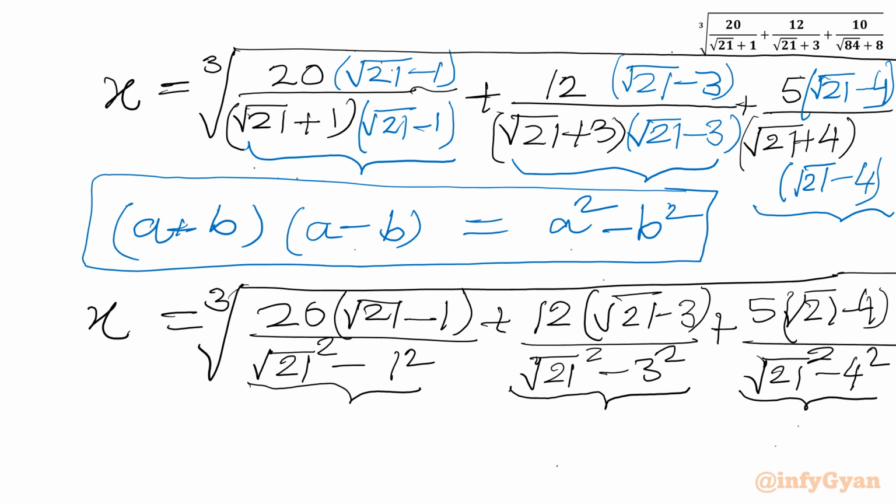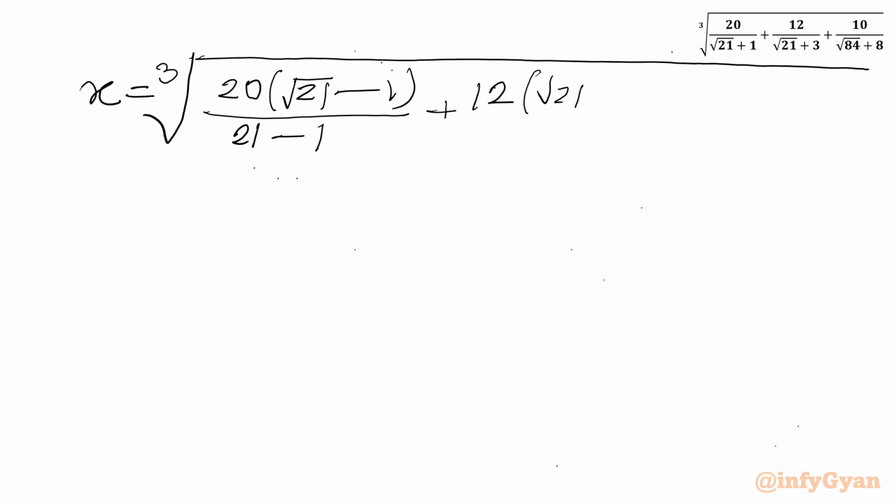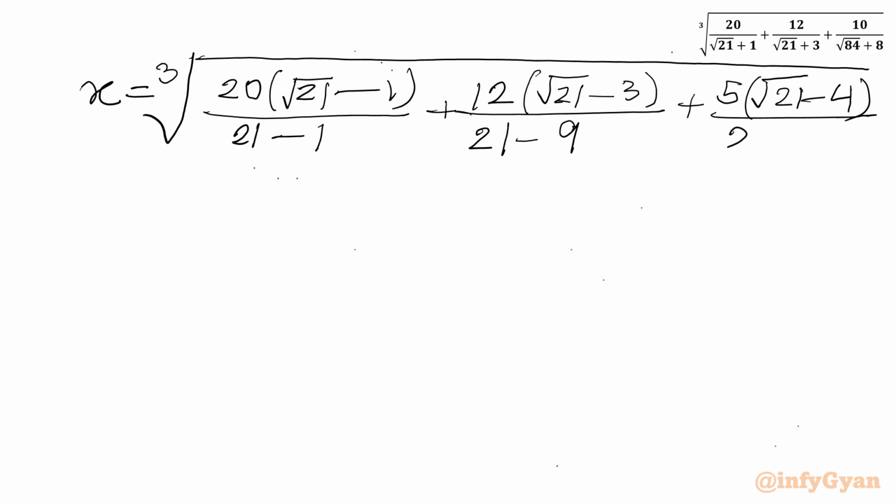So I can write x equal to the cube root of 20 times root 21 minus 1 over 20, plus 12 times root 21 minus 3 over 12, plus 5 times square root 21 minus 4 over 5.